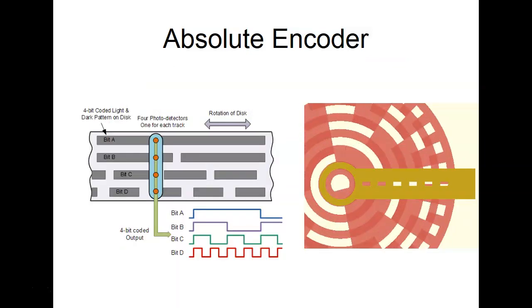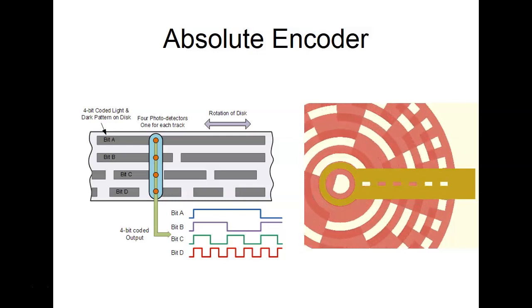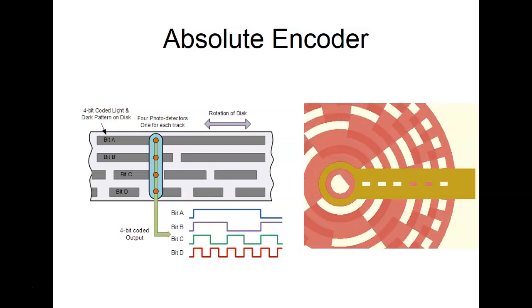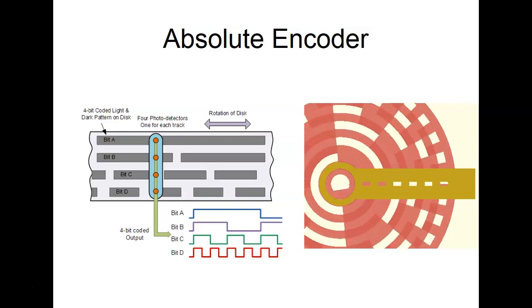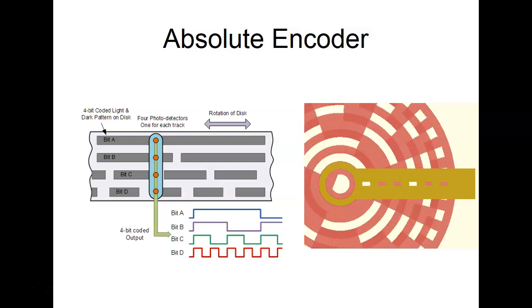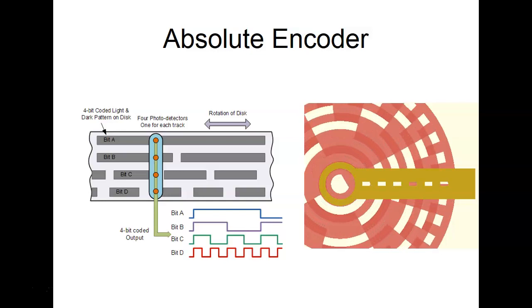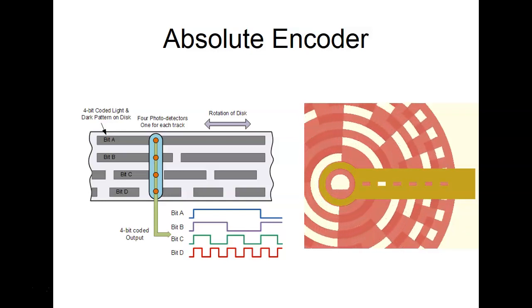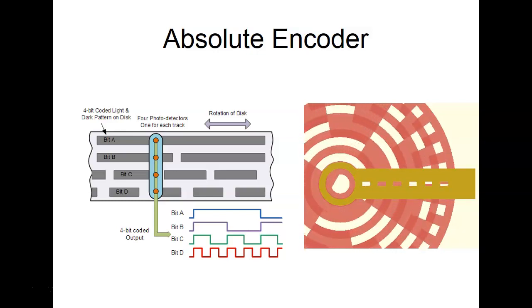So this would be an absolute encoder right here, and this would be the actual sensors. This would be 1, 2, 3, 4. I see that's not a band, Rich. 1, 2, 3, 4, 5, 6 bands. So how far can we go with this? 2 to the 6, so this one could actually be 64 positions, right?